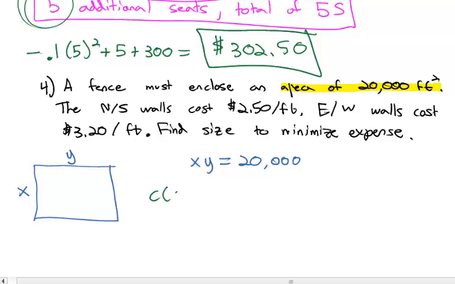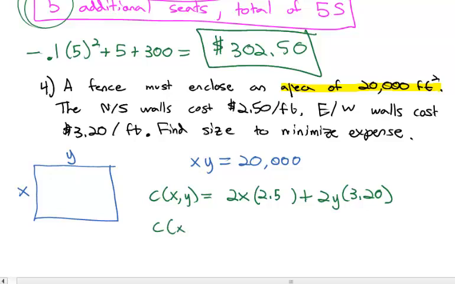In terms of a cost function, with x and y in it, the north-south walls, those are the x's, and there's two of them, are going to each cost $2.50 per foot. In addition to that, the east-west walls, the two y walls, are going to cost $3.20 per foot.